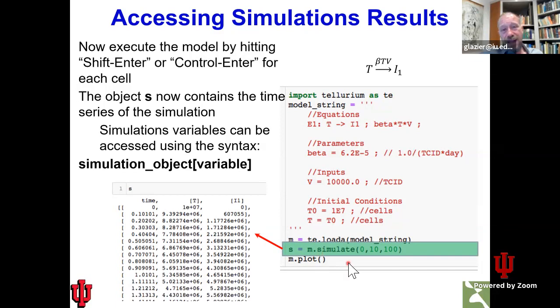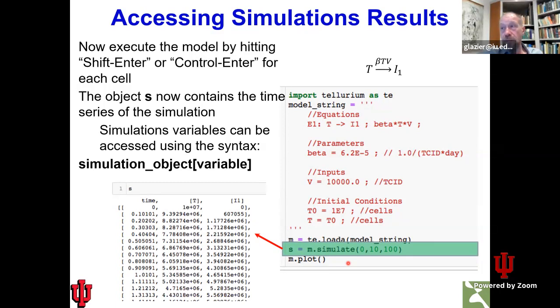And what you'll see is that S is an object that's got a somewhat complicated structure. It's got square brackets, so it looks like a list. And it's a hybrid list because you'll see at the top, it has columns that are labeled. So the variable names, time is a reserved word for the time.